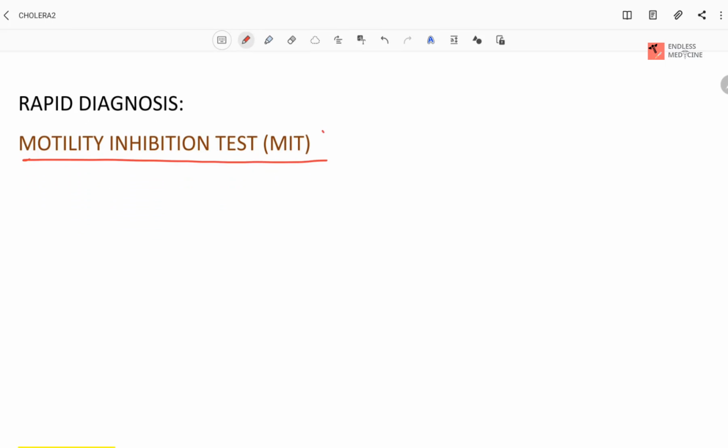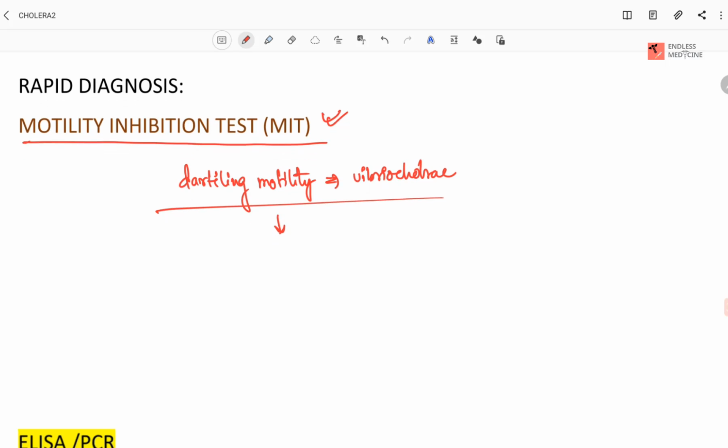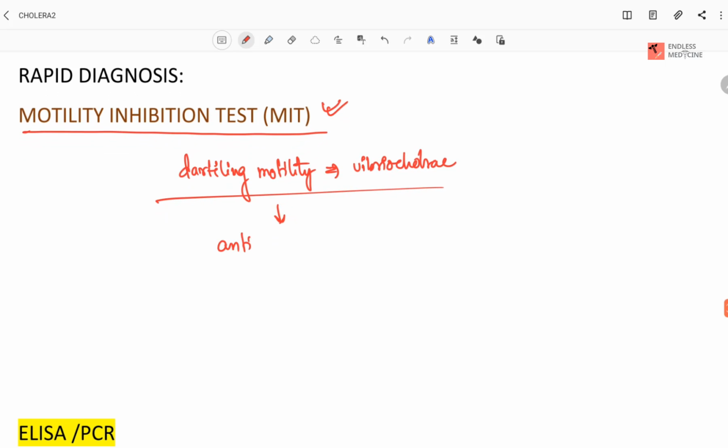Rapid diagnosis can be done by the motility inhibition test. How? Let a sample on a microscope show the darting motility. So it may be Vibrio cholerae. Now we can add antiserum to that stool sample.